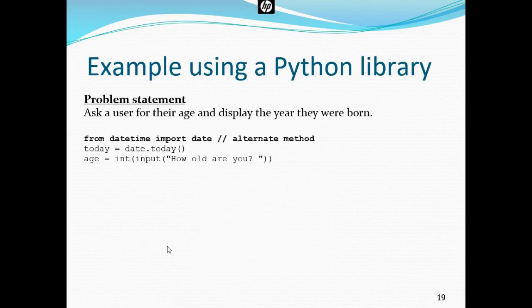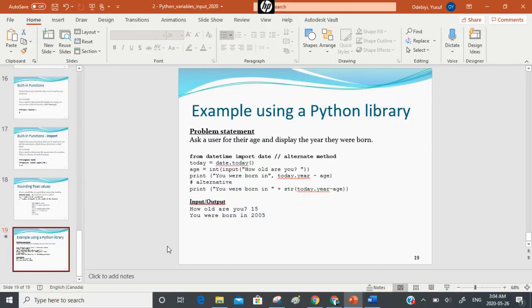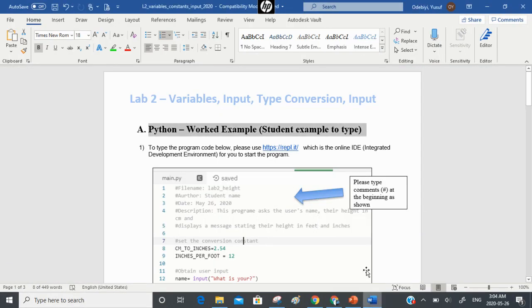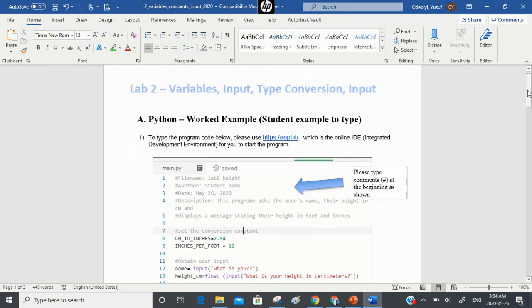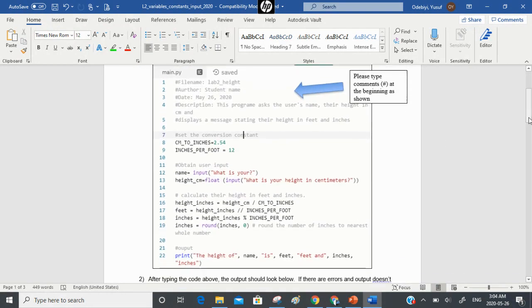Let's get into, I'm just going to skip some of this stuff and get right into the example that will be your first example for your lab. The lab is here, lab 2. The first thing you're going to do is type in what you see here, with the comments at the beginning.